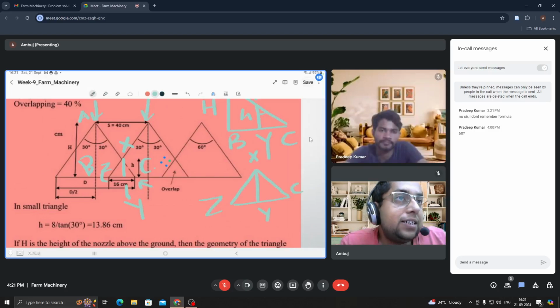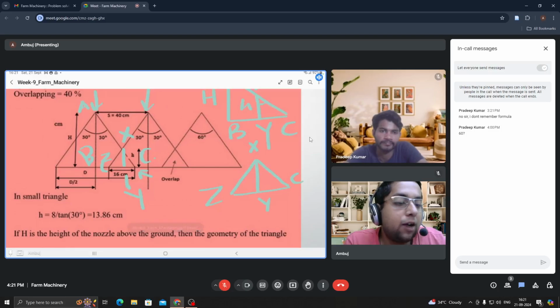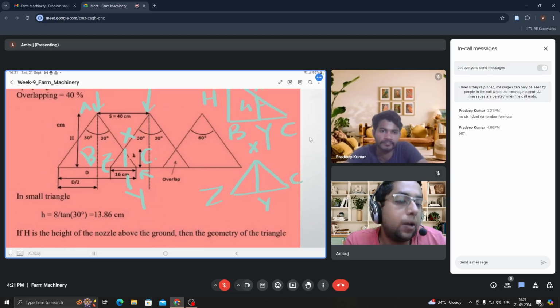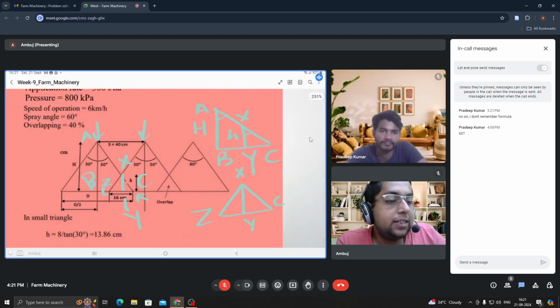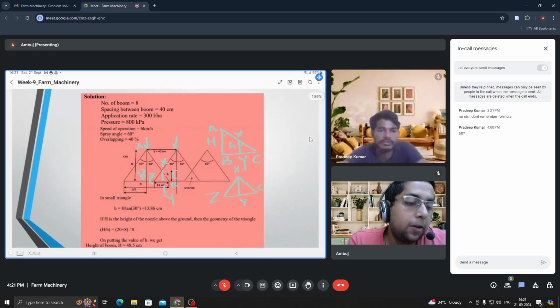Then the ZC distance is 16 centimeters, so the YC distance would be half of that, 8 centimeters. From the geometry, ZC has been provided as 16 centimeters, and YC would be half of it because both triangles are symmetrical.